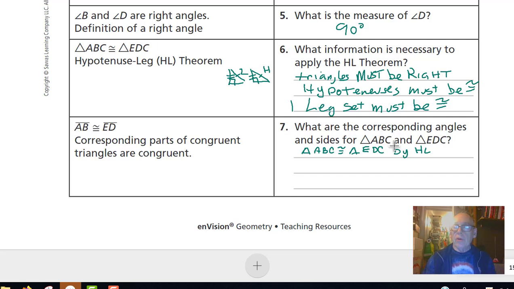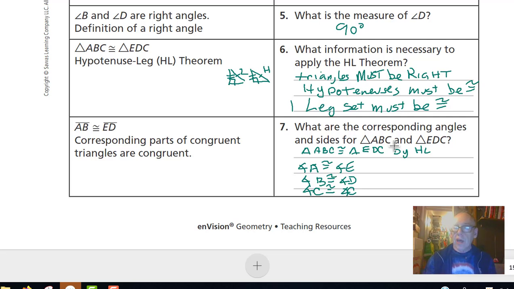And now we can use the congruence statement to kind of match things up. Angle A is congruent to angle E. Angle B is congruent to D. And angle C is congruent to C. That's actually, we could have done that with the reflexive property also.